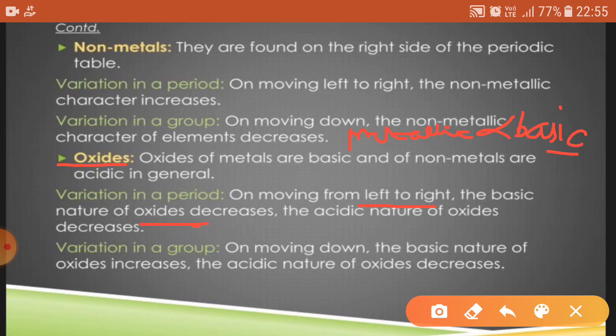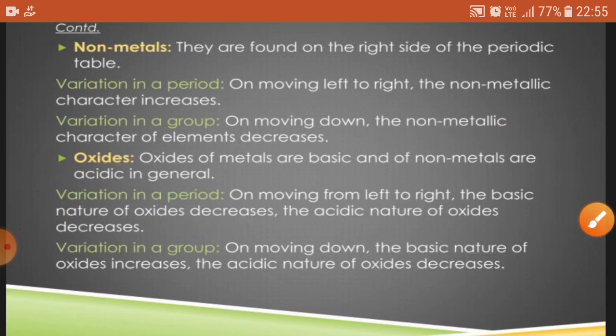That's why basic character decreases and acidic character increases. And on moving down the group, the metallic character increases. That's why basic oxides also increase, but the acidic character decreases. So that's all about the trends in properties in the modern periodic table.